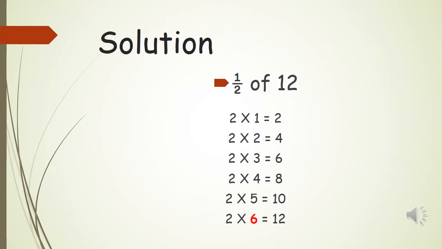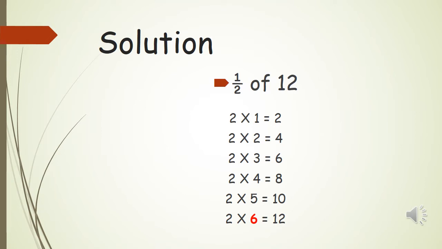We can solve this using our 2 times table, right? Good. Clap for yourself. So we're using our 2 times table. 2 times 1 is 2. 2 times 2 is 4. 2 times 3 is 6. 2 times 4 is 8. 2 times 5 is 10. 2 times 6 is 12.